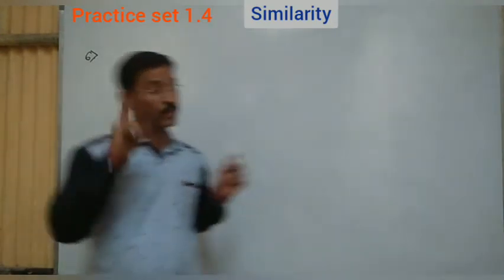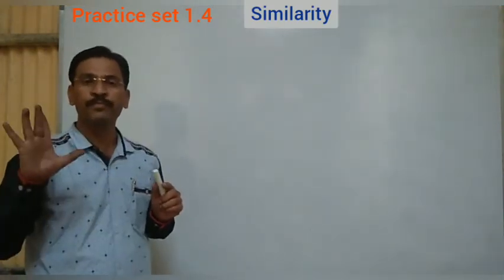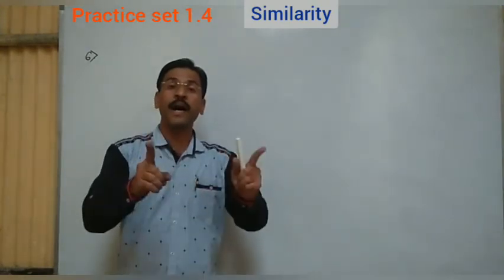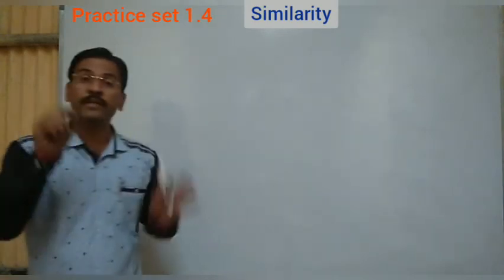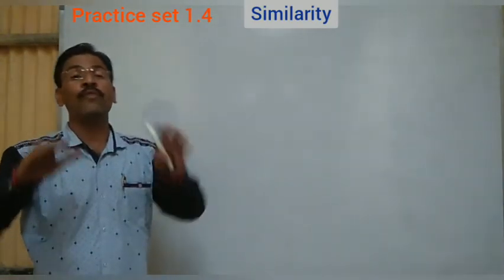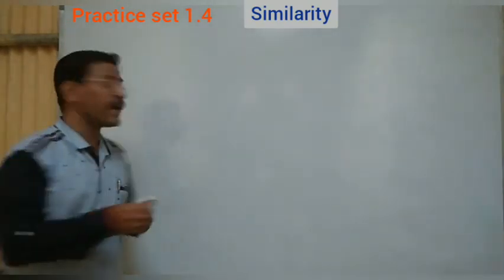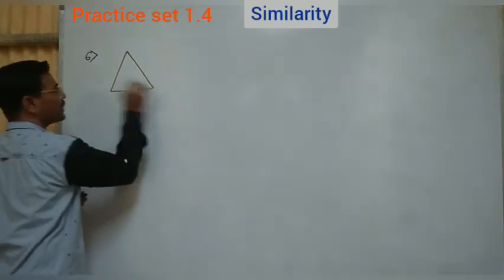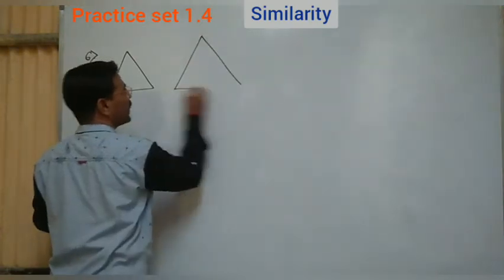Okay. First, they are similar. Just try to understand. One more thing I am telling you: whenever two triangles are equilateral triangles, then they are always similar. Why are they similar? One triangle is an equilateral triangle, and the other triangle is also an equilateral triangle.